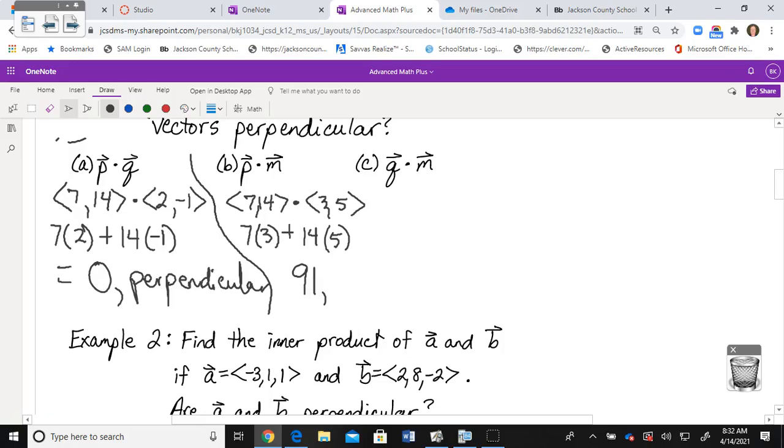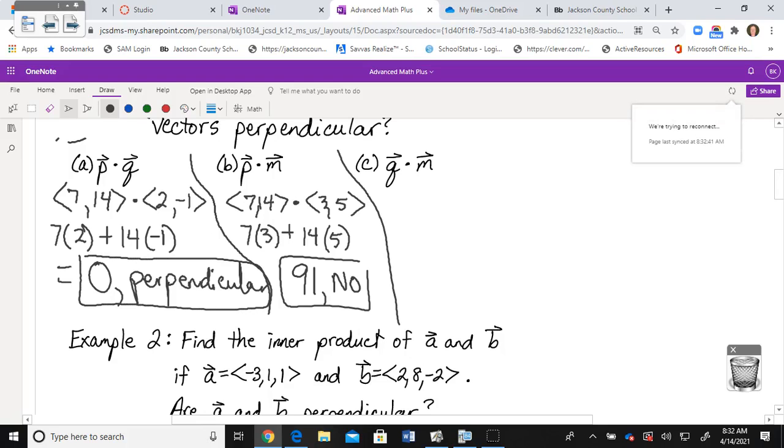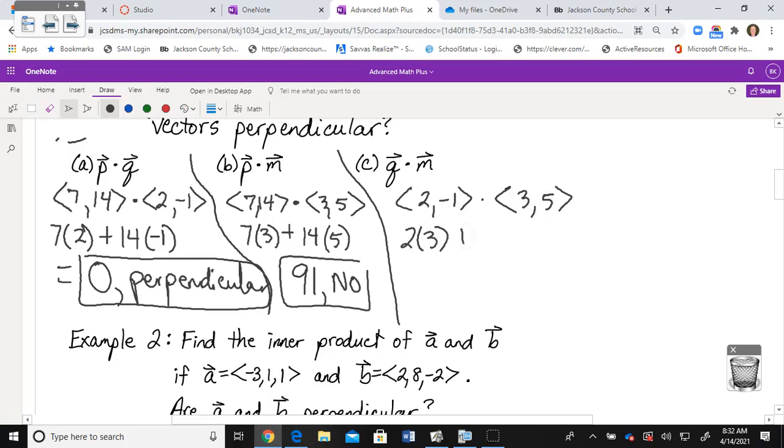Are those perpendicular? No. It is not perpendicular. Okay? Because again, what was my inner product? Not 0. All right? Last one. Q, 2, -1, dot product with M, which was 3, 5. 2 times 3 plus -1 times 5.